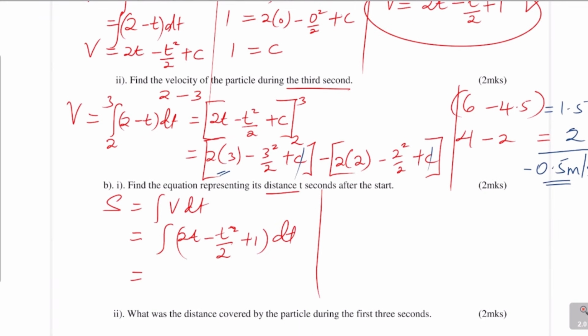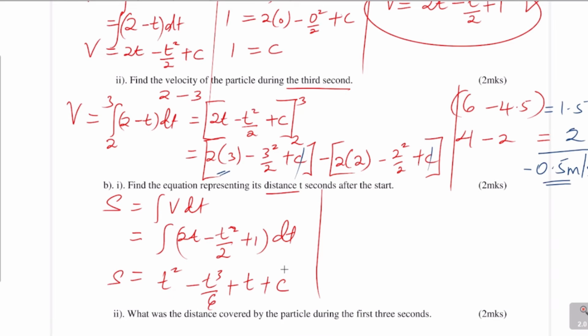When you integrate 2t, you get 2t squared divided by 2, which will give t squared. When you integrate t squared divided by 2, you get t cubed divided by 6. When you integrate 1, you get t, then plus the constant of integration.